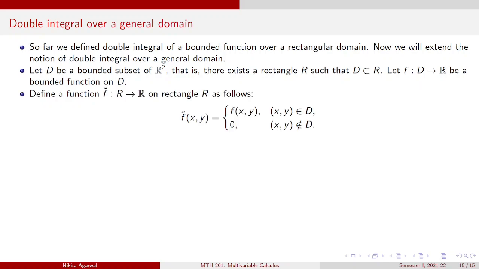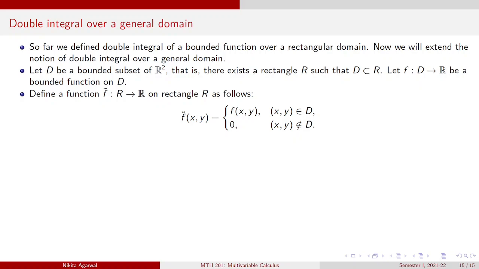So you define a new function on the rectangle R as follows. Define the function f tilde on R: f tilde is equal to f when the point is in D. Remember, D is sitting inside R, and it's 0 otherwise. So you can imagine that you have a rectangle inside which D is sitting.